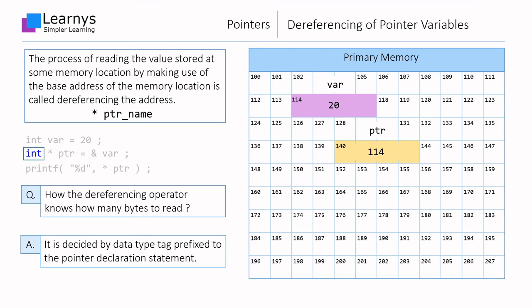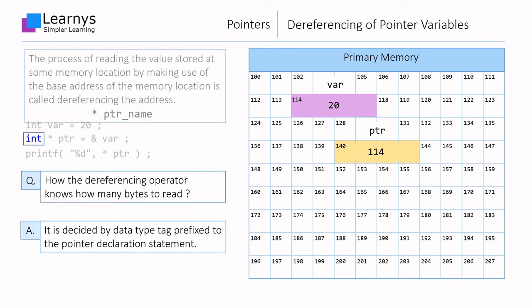The data type declared at that time comes in handy during dereferencing the pointer. The number of bytes to be read is inferred from the data type prefixed in the pointer declaration statement. For example, dereferencing a short pointer should read 2 bytes and dereferencing an int pointer should read 4 bytes starting from the byte pointed to by the pointer.